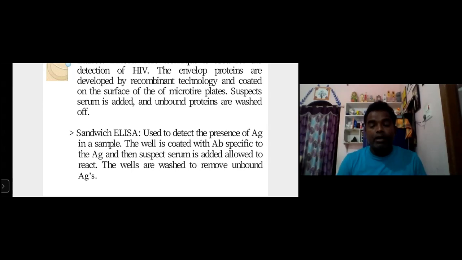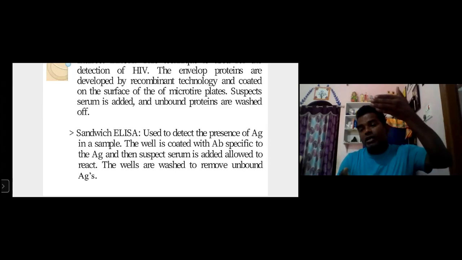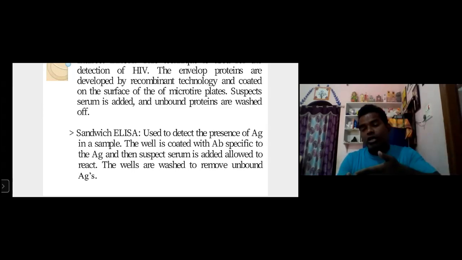That is used for the indirect ELISA method, sandwich ELISA method and competitive ELISA method, right? In the indirect method, first coated with antigen, second antibody, third enzyme coated antibodies are formed. It's totally antigen, antibody, enzyme coated antibody complex to identify the ELISA indirectly.